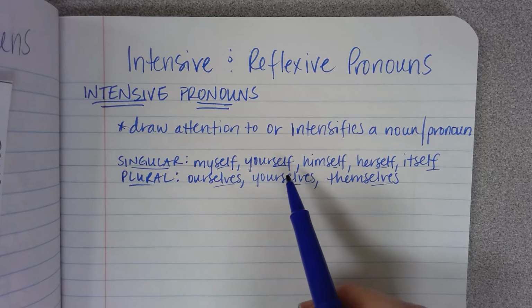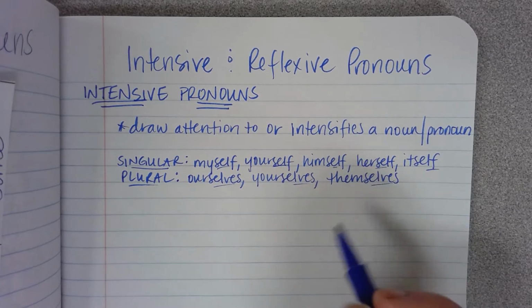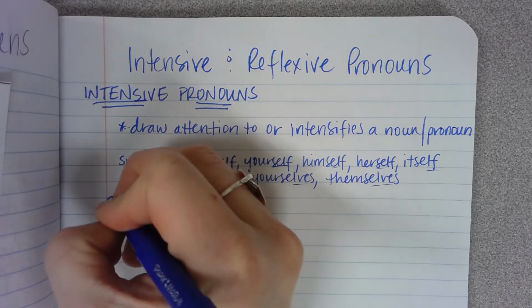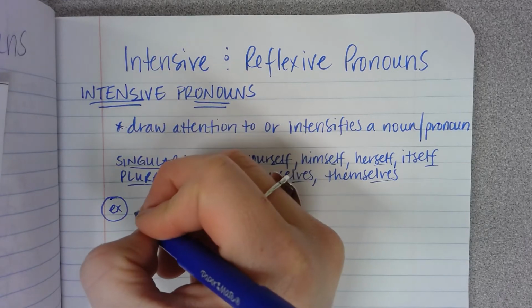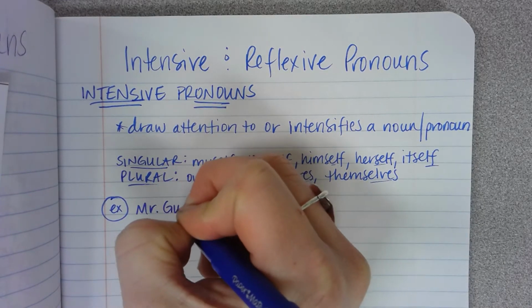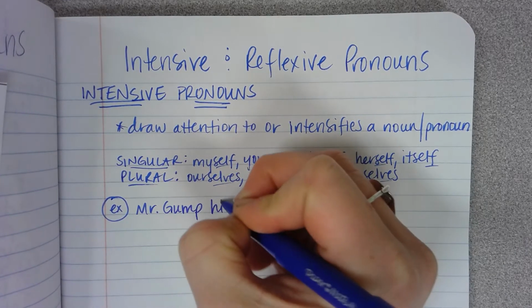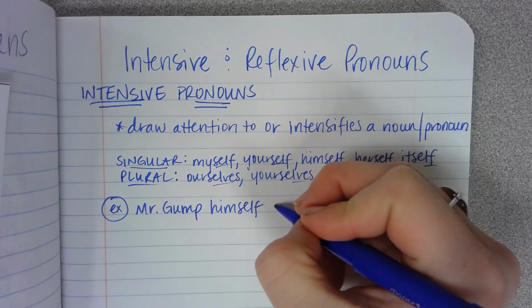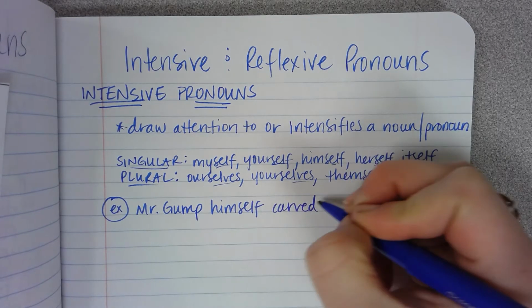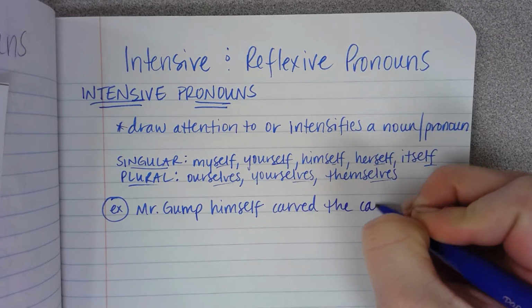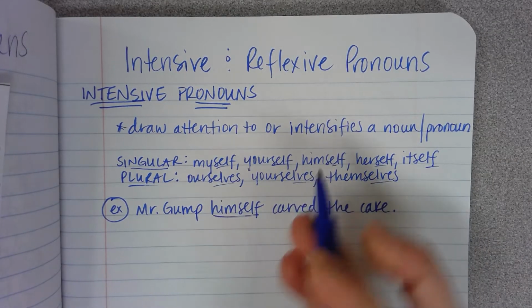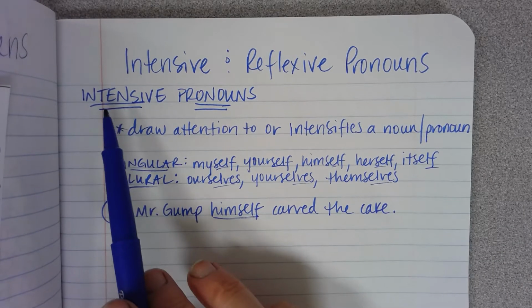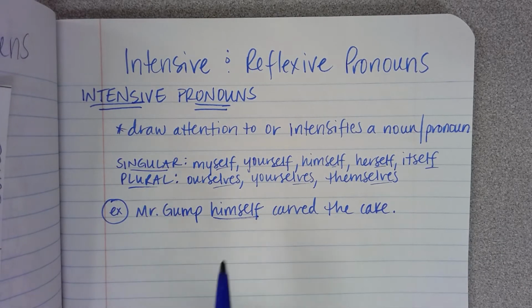Now, these pronouns could also be reflexive, but they're used in a different way. So I'm going to give you an example of an intensive pronoun. Mr. Gump himself carved the cake. Okay, so we see it intensifies.